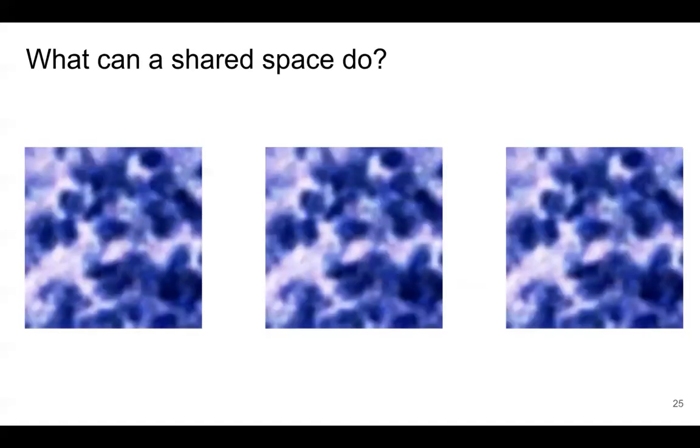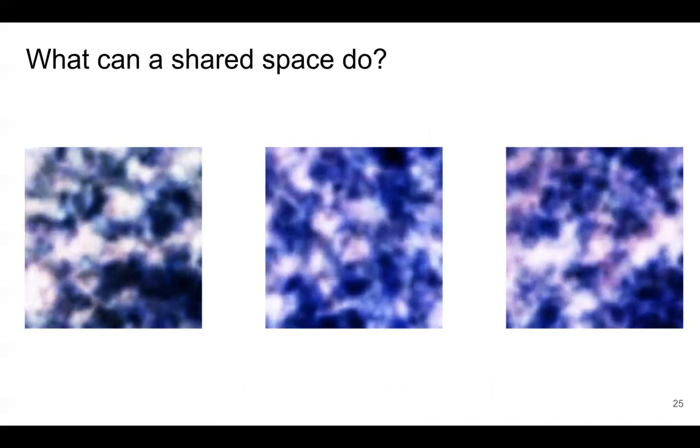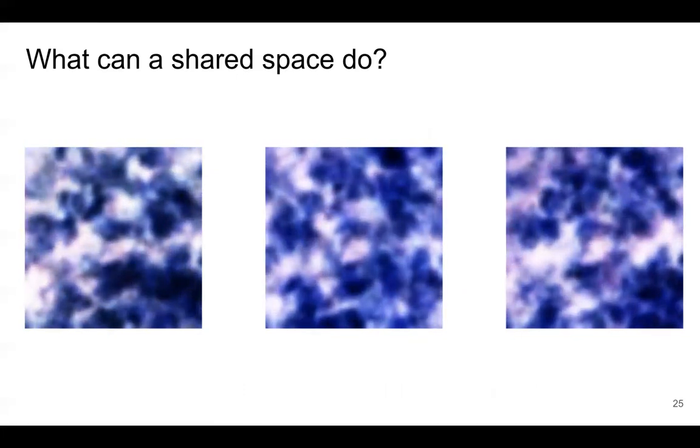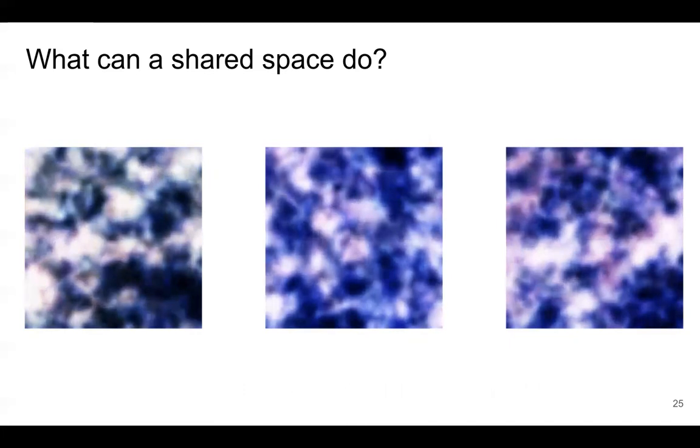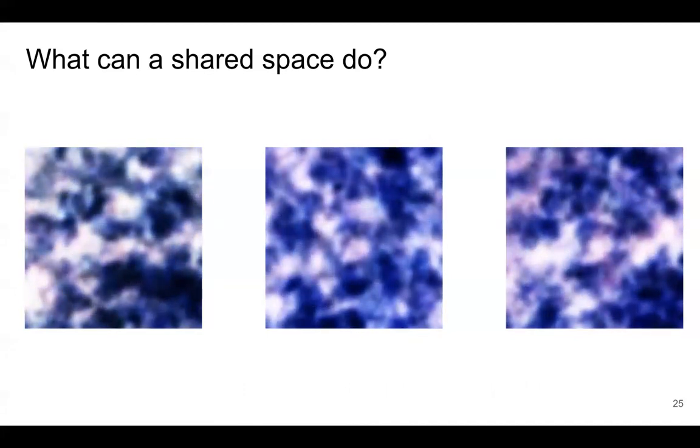Now, what can you do with a shared space? As you can see, before the images were all the same, and now they're transforming into different images. And you can see that these three images represent cells that are changing continuously over time, back and forth from the same states, as we see here, to a more differentiated state, as we see now.